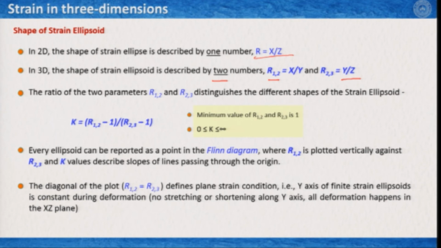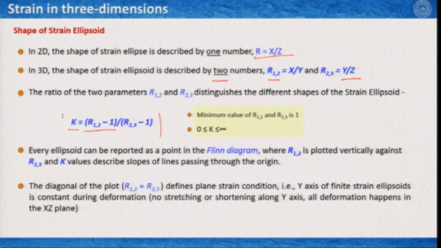Now, the ratio of these 2 parameters, that is ratio of r12 and r23, describes and distinguishes the different shapes of the strain ellipsoid, and this number is known as k, where k is defined as r12 minus 1 divided by r23 minus 1.